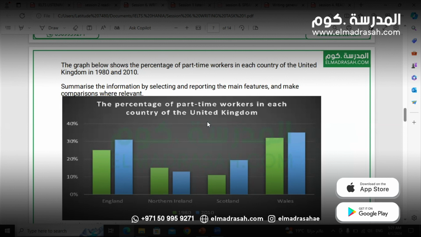So your spelling and grammatical structures should be correct as well. And you shouldn't write less than 150 words, because this will affect your score negatively. If you write more than 150 words, it's preferable.